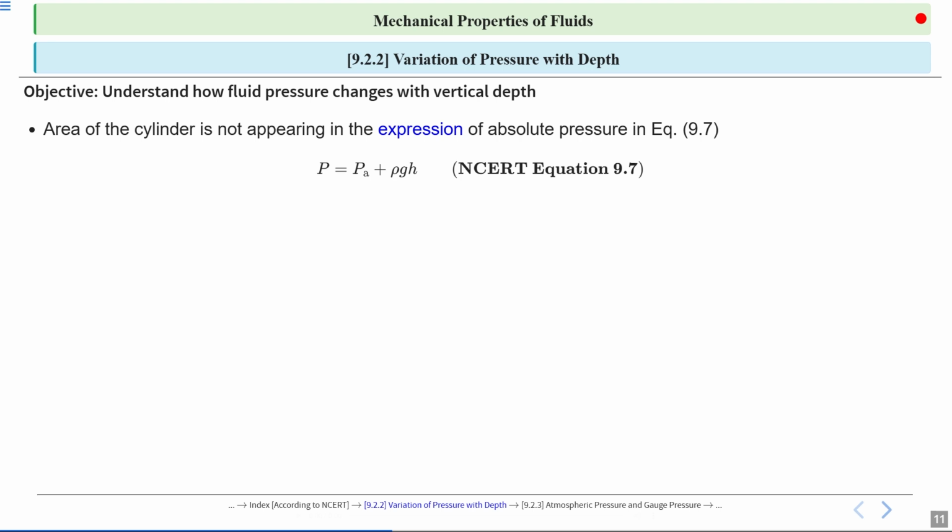In this equation, P is the absolute pressure, Pa is the atmospheric pressure, rho is the fluid density, g is the acceleration due to gravity, and h is the height of the fluid column. Notice how the equation emphasizes the role of the fluid's height in determining pressure rather than the area or shape of the container.